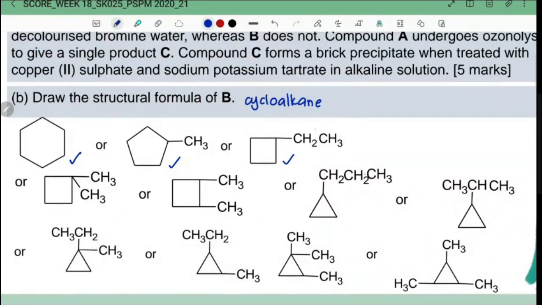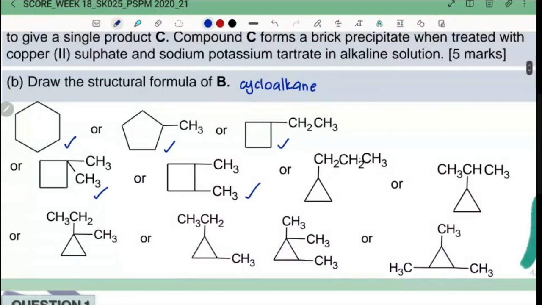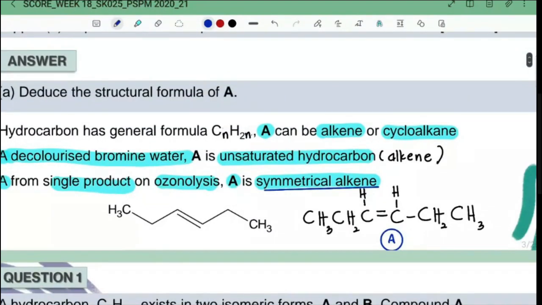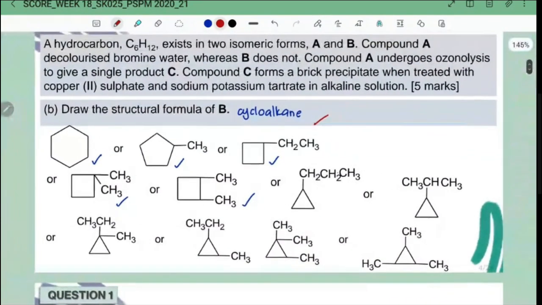The 2 substituents at the same carbon, different carbon, and so on lah, mana salah satu dekat bawah. Okay, so structure of B, 1 mark juga lah selalunya. Kalau sini 5, 1, 2, 3, 4, 5. 1, 2, 3, 4, and then this one 5.